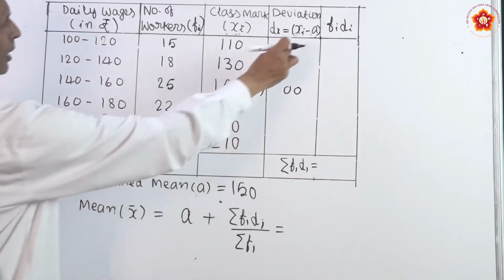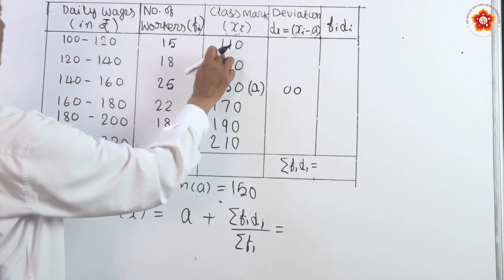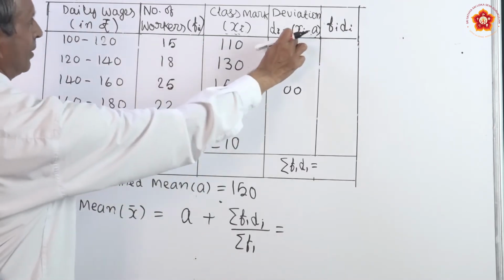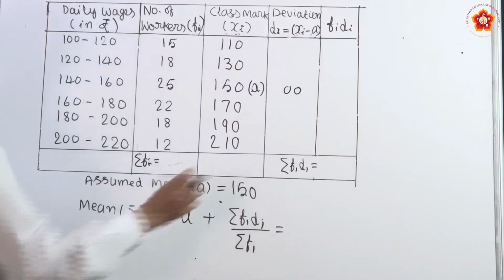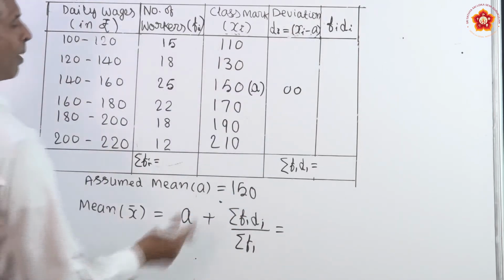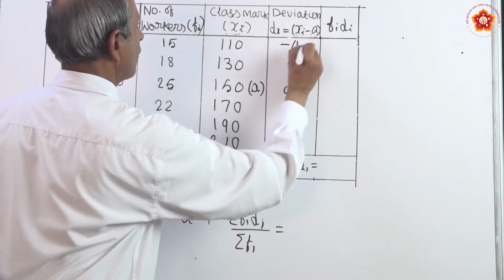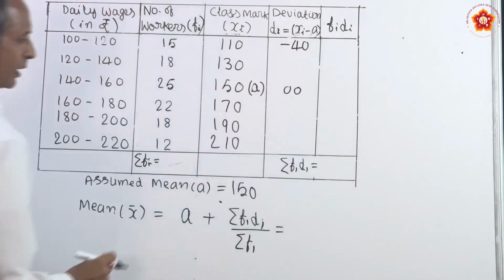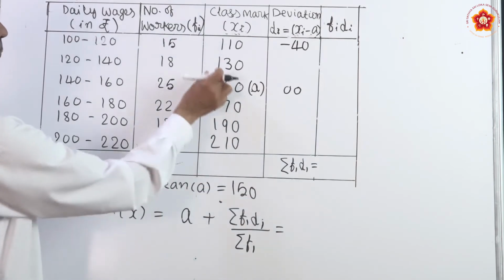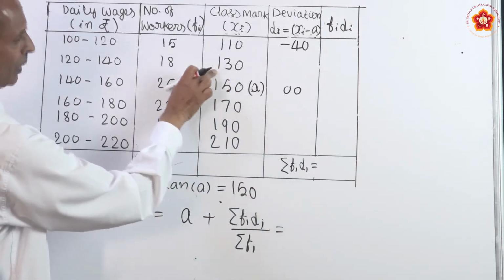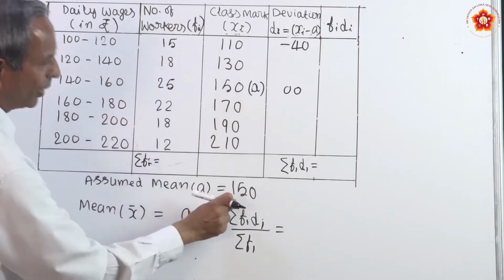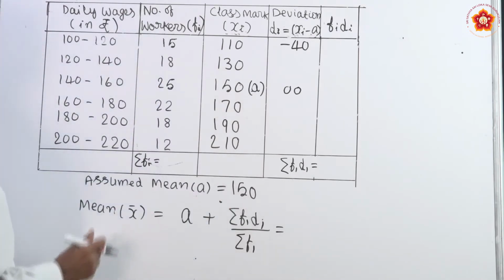Then the xi values. First one is 110. 110 minus 150, if you subtract, you will get a negative value, minus 40. Similarly, 130 is the xi value, 130 minus 150, you will get a negative value, minus 20.